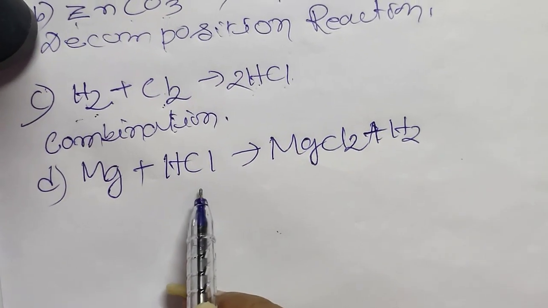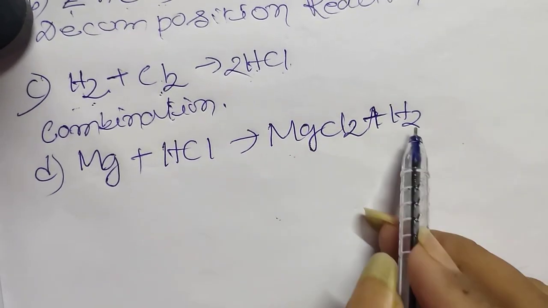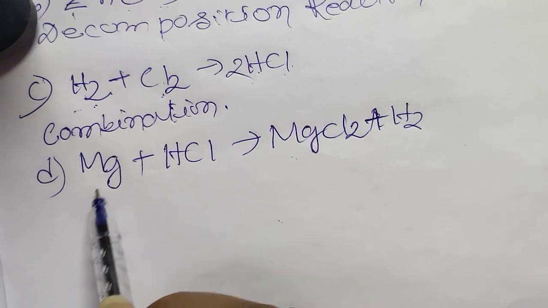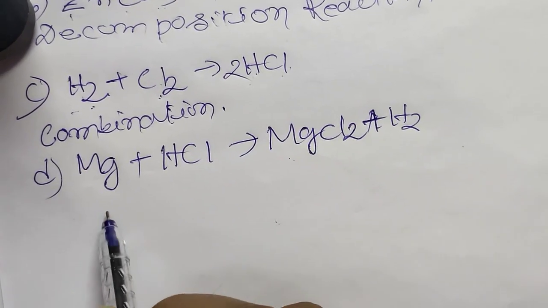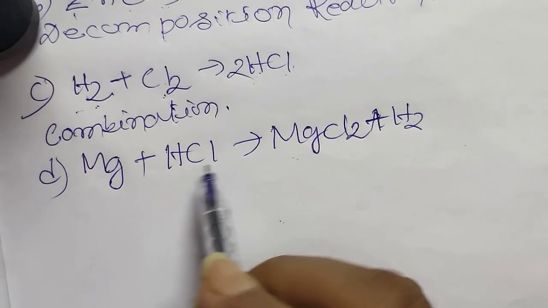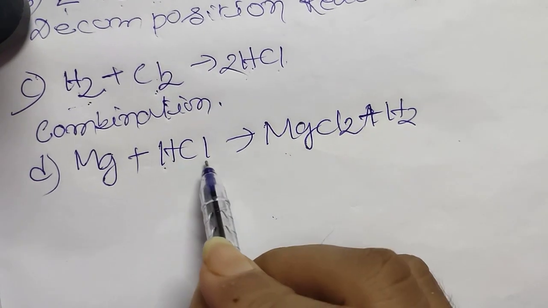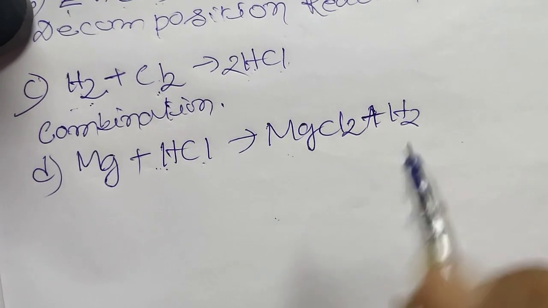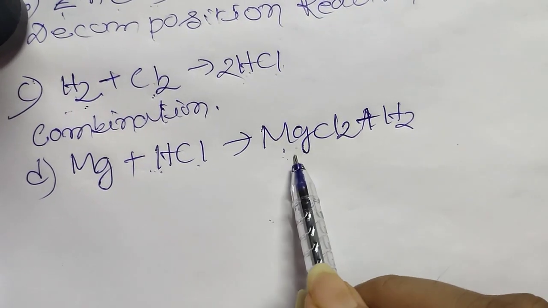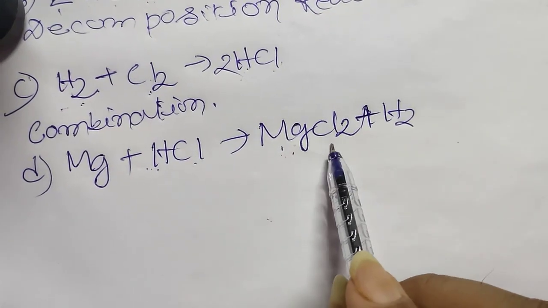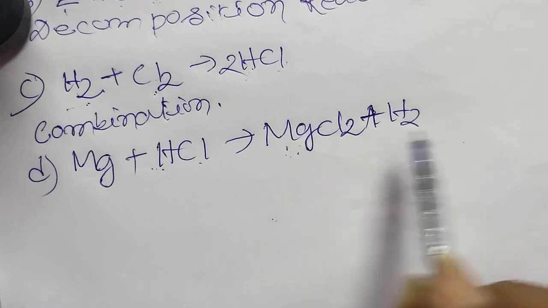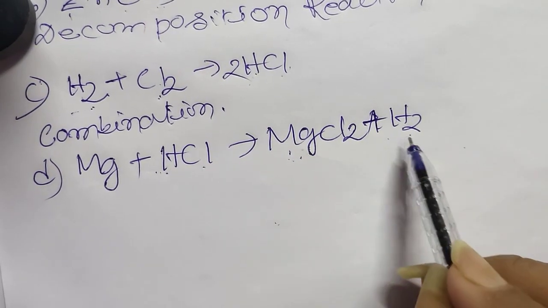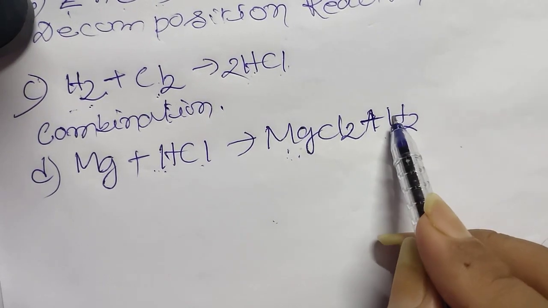Magnesium reacts with hydrogen chloride to form magnesium chloride and hydrogen. This is a metal, that is why it is written in atomic form. Hydrogen has a valency of 1, and chlorine also has 1, that is why it is written as HCl. Magnesium has a valency of 2, whereas chlorine has 1, that is why it is MgCl2. Next, hydrogen, as it is a non-metal, remains in molecular form.